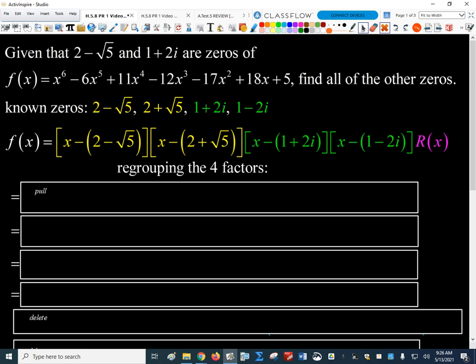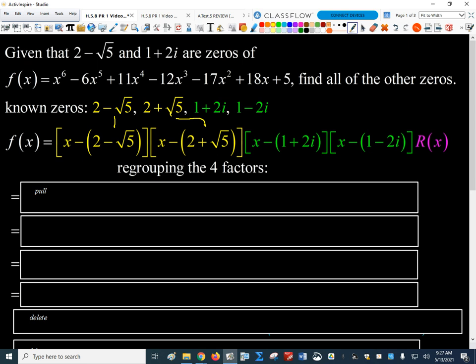So if 2 plus the square root of 5 is a zero, then x minus the quantity 2 plus the square root of 5 is a factor, and so on and so forth. I've got x minus the quantity 1 plus 2i and x minus the quantity 1 minus 2i, and my function is going to equal the product of those 4 factors times some other factor.